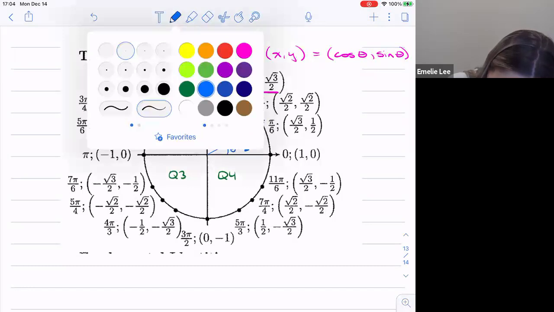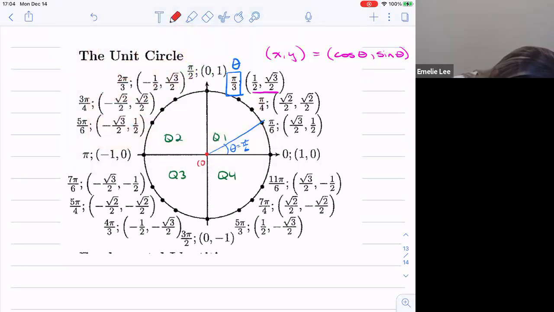Because this point here is at 0, 0, and because you have a radius of 1, that's why you're going from 1, 0 to 0, 1 to negative 1, 0 to 0, negative 1, and then back to 1, 0. You're tracing all the way around the unit circle. So this distance here is always going to be 1.